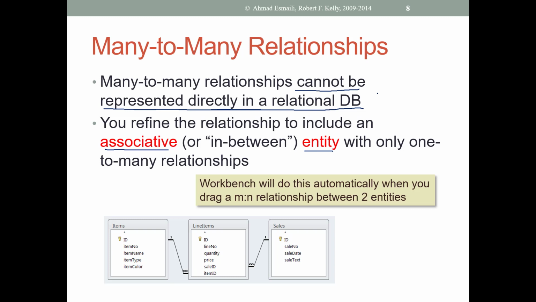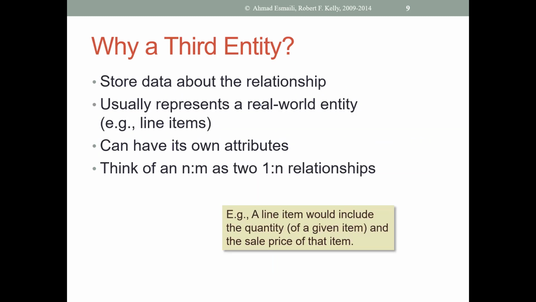Here, whenever we have many-to-many relationship, we need to add an entity or a table. Okay, and this entity is called associative entity, and the purpose of this entity is to establish many-to-many relationship between the other two entities. Okay, all right, so now you might be wondering, why do we really need a third entity? Can't we do that without that?